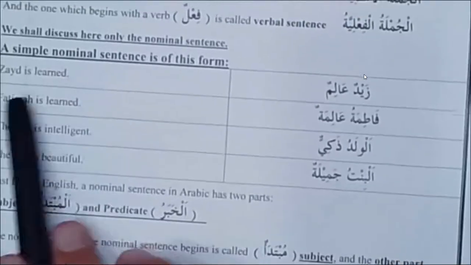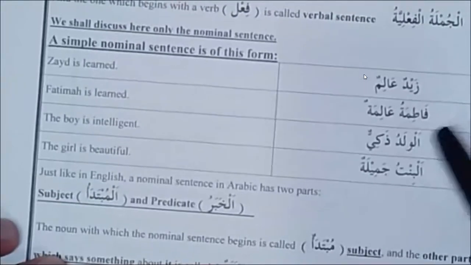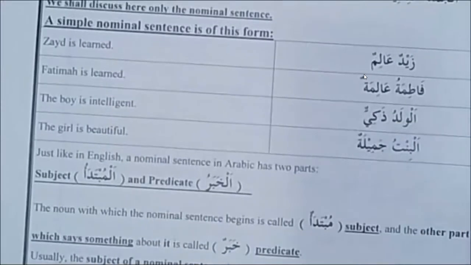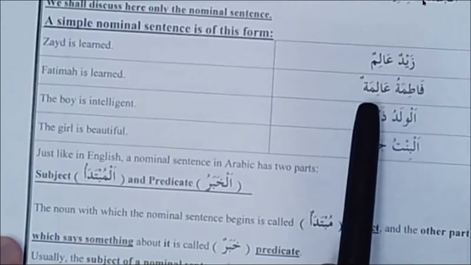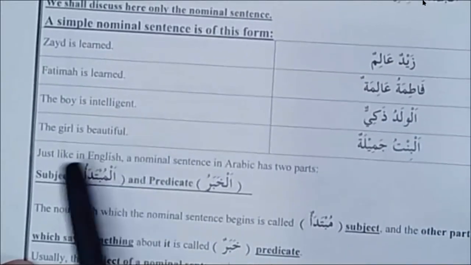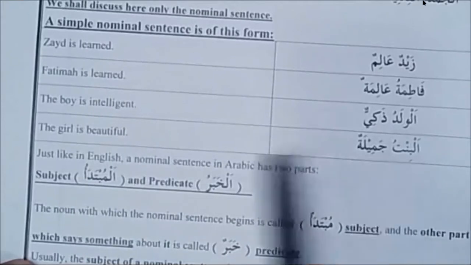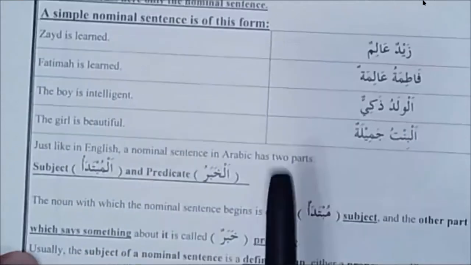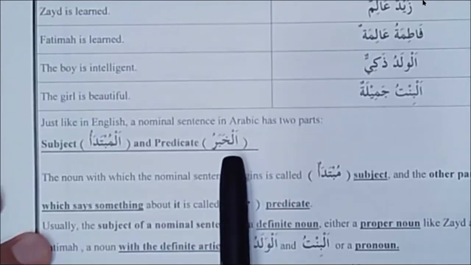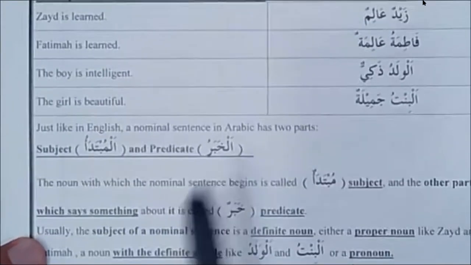So Zaidun alimun, Fatimatu alimatun. When we go female gender, then alim becomes the female gender. Al-waladu zakiyun, the boy is intelligent, and al-bintu jamilatun, the girl is beautiful. The subject is al-mubtada and the predicate is al-khabar. Everybody good with this? Yeah.